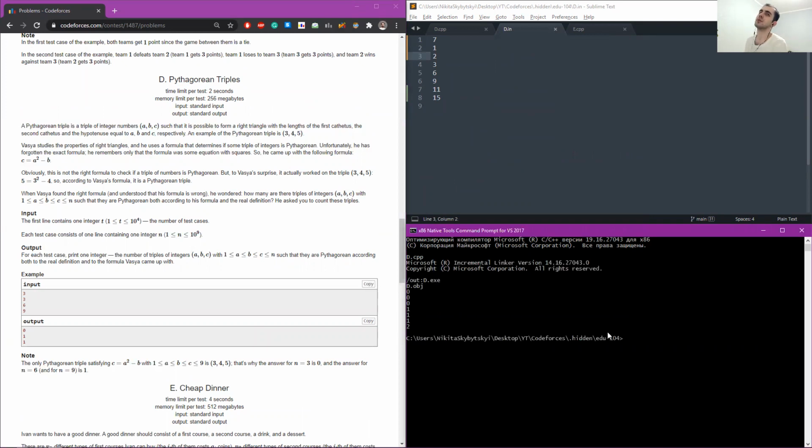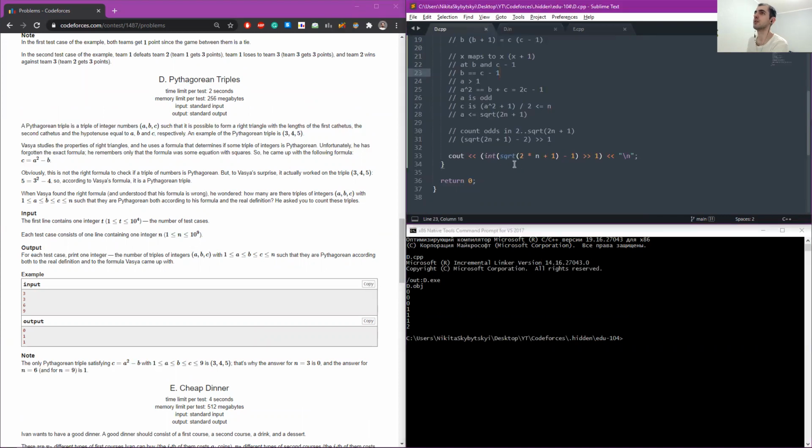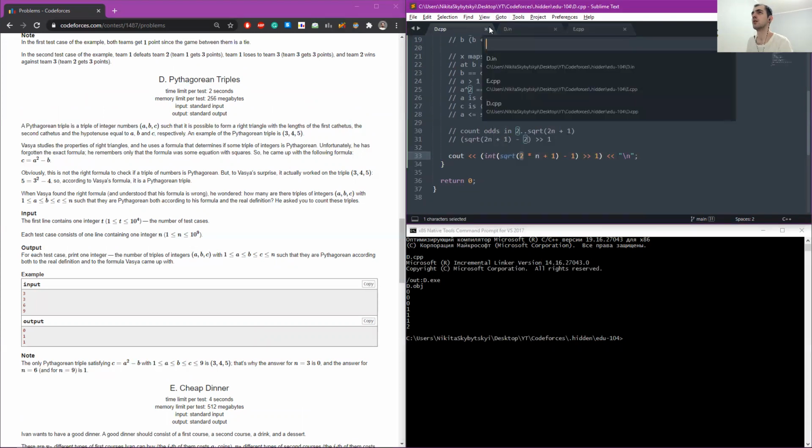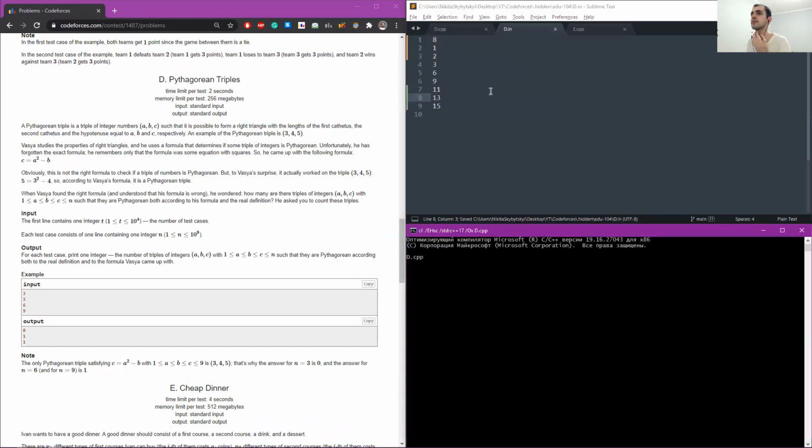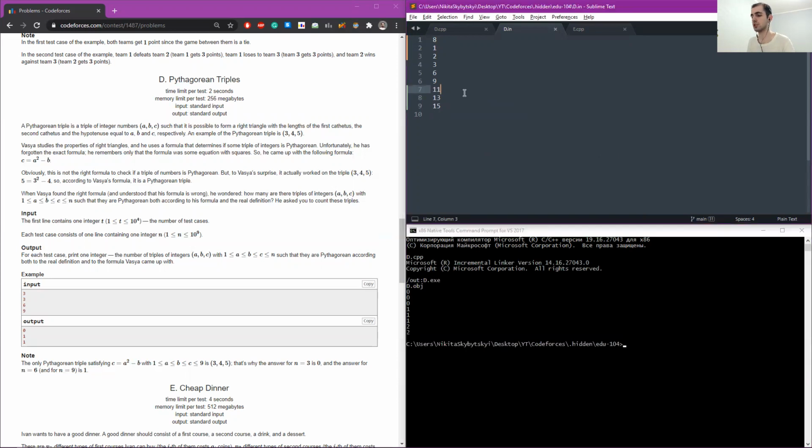If n is equal to 1, then we obviously got 0, because even for 3 we got 0. And then for 11, we still got 1 triple. It's actually right for 11. I think it's correct, but let me check now for 13. For 12, I should have really checked for 12.